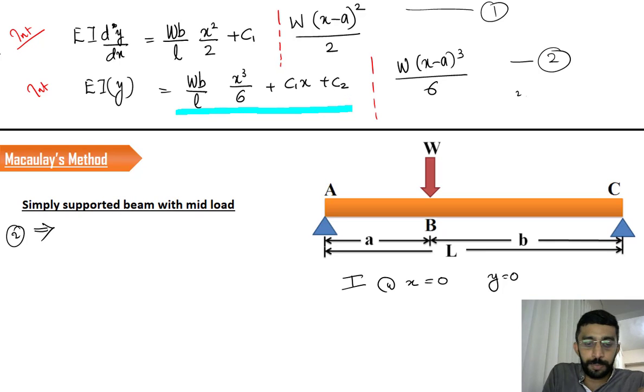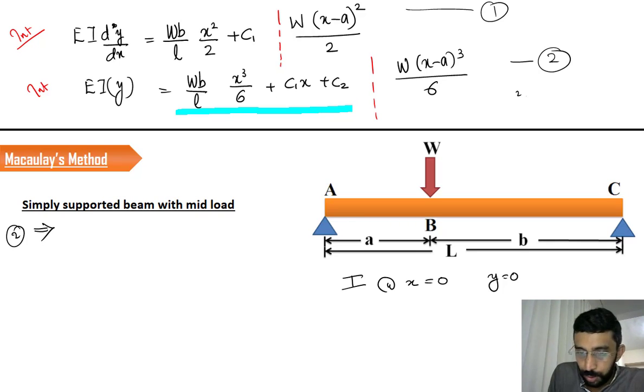And if you consider all the terms, that corresponds to BC. Now, boundary condition 1 corresponds to a point in AB, so while applying it, you consider only the term that relates to AB.